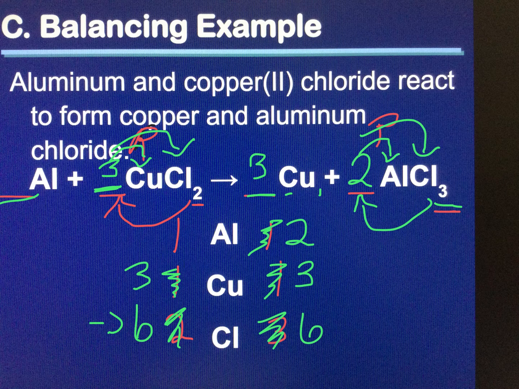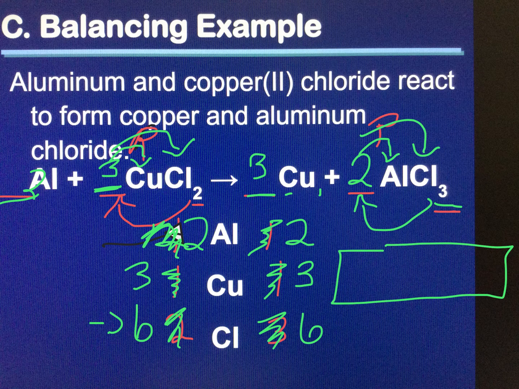I don't have space to write that in there, okay. So you're going to have a 2 here, and your coefficients, let's put that over here on the side, for that equation are 2, 3, 3, 2.